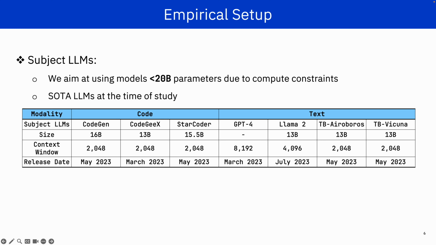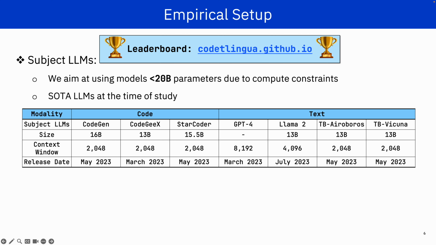First of all, about the empirical setup of this study: we consider models smaller than 20 billion parameters due to compute constraints, and the models we chose at the time of the study are all state-of-the-art models. For code LLMs, we considered CodeGen, CodeGeeX, and StarCoder, and for general purpose LLMs, we consider models like GPT-4, Llama 2, and two other models, Airoboros and Vicuna.